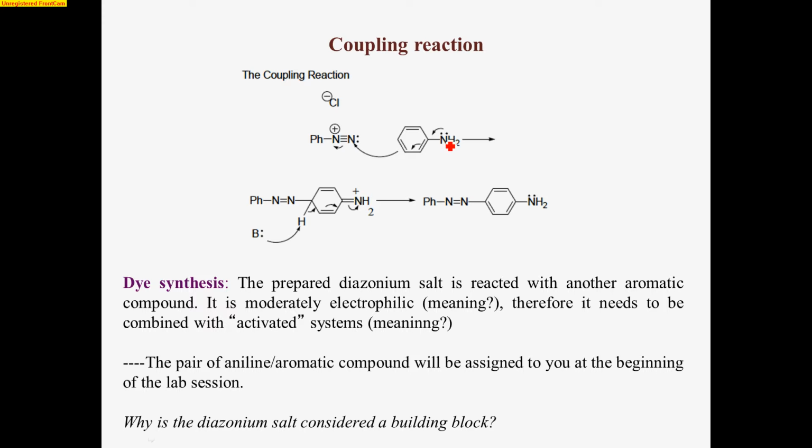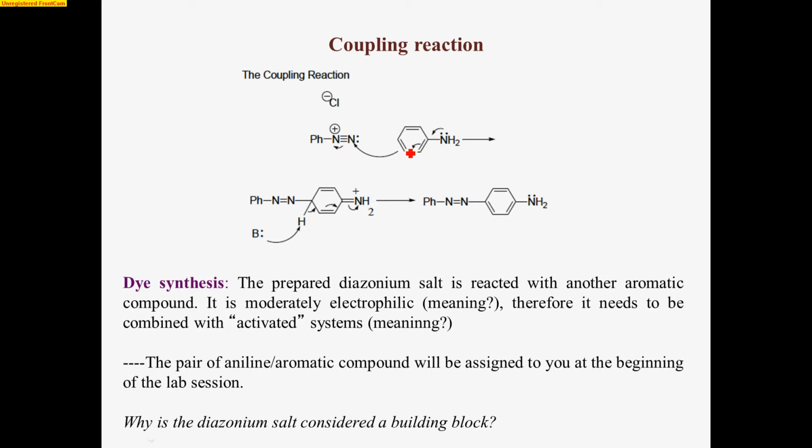We could have a dimethylamine here, or a hydroxyl group in the form of a phenol, or a methoxy group here. Just anything that's going to activate this aromatic ring towards acting as a nucleophile. So if you go back and look at your Friedel-Crafts aromatic substitution chemistry, anything that's going to be an activating group is going to cause this reaction to happen.